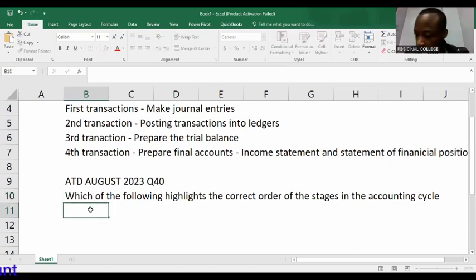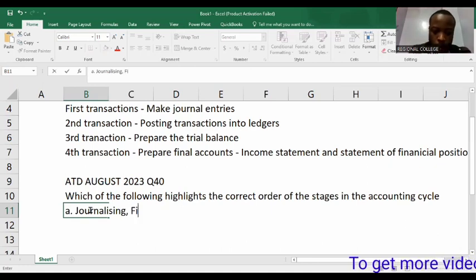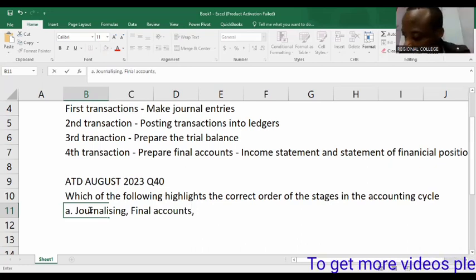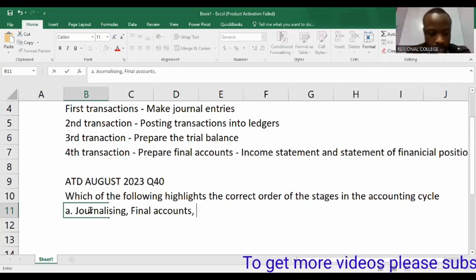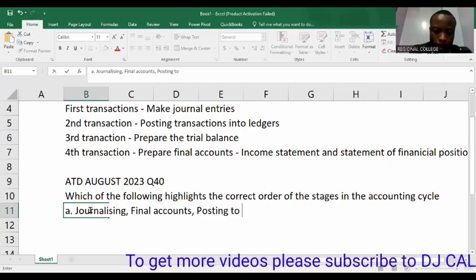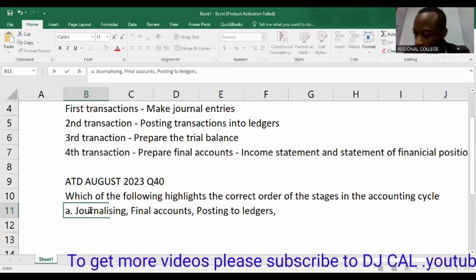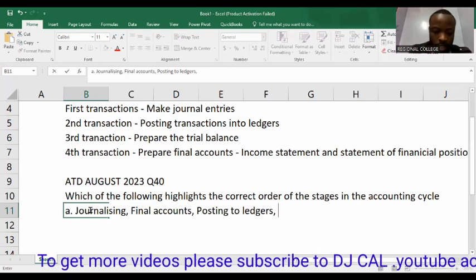So you're given the choices. A says journalizing, final accounts, posting to ledgers, and the last one is trial balance.